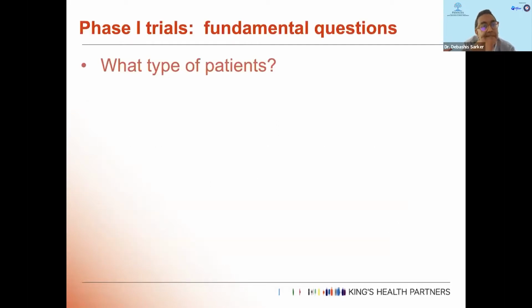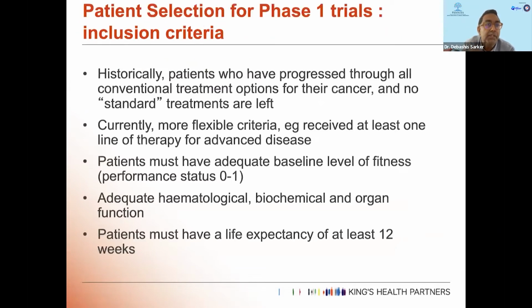So again, taking a bit of a step back and thinking, what type of patients should we include within phase I trials? So historically, for a lot of phase I trials for anti-cancer drugs, we've only used patients who have progressed through all conventional treatment options for their cancer and have no standard treatments left.